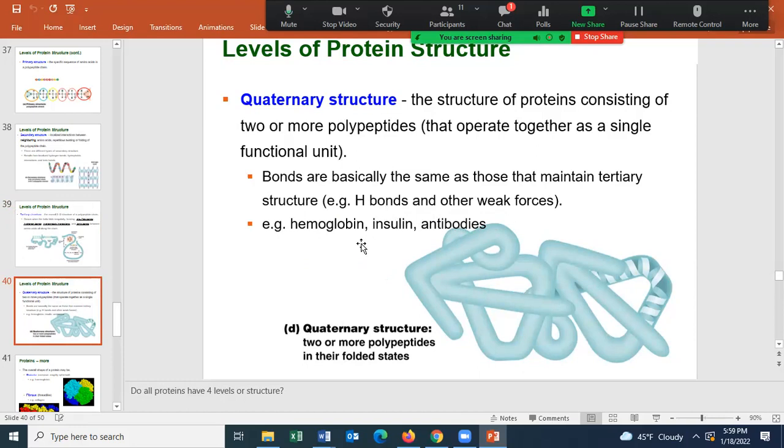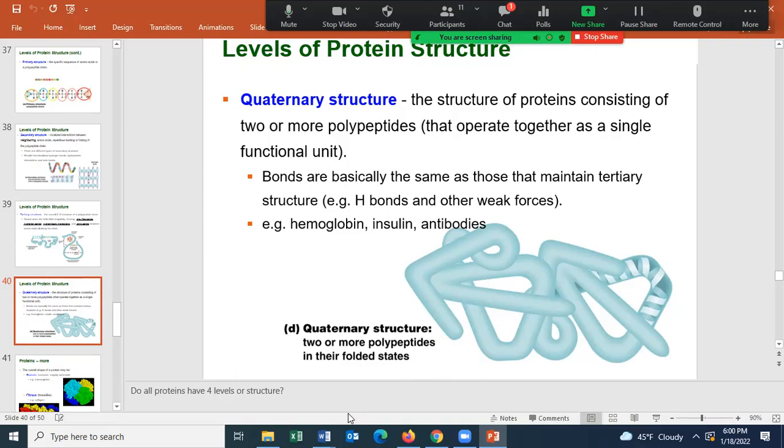Some examples of proteins that have quaternary structure: hemoglobin, insulin, and antibodies. All the ones that I mentioned are made up of 4 polypeptides that come together to form the final protein.